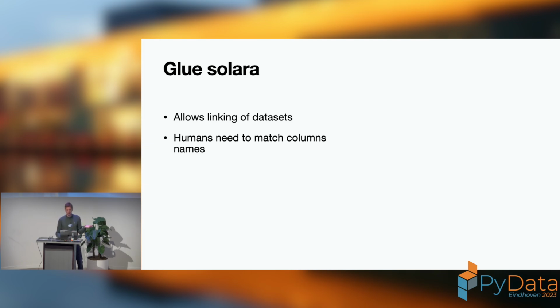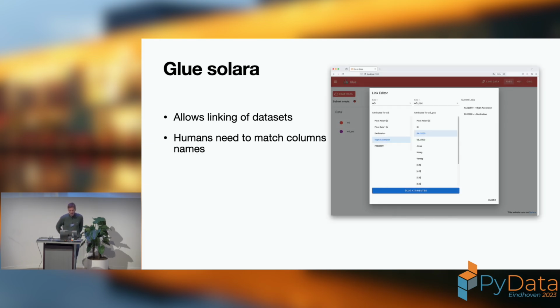And humans need to do this. If you're a domain expert, in this case astronomy, you recognize, oh, of course, right ascension belongs to RAJ2000, right? We all know that. And declination belongs to DEJ2000. I mean, an LLM will totally understand that. But that's something we need to do manually.